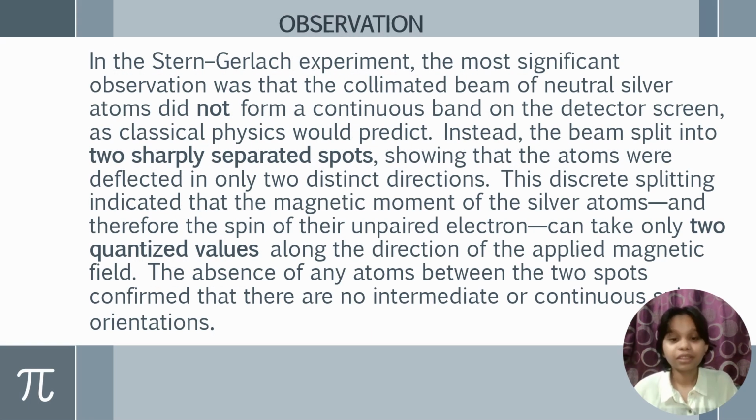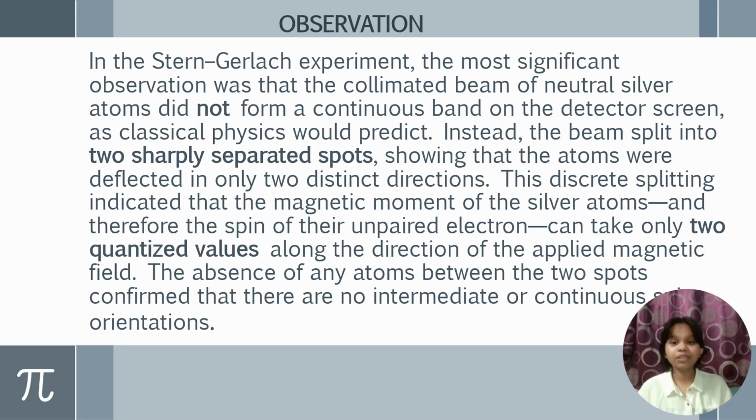Now we will discuss the final observation from this experiment and understand what inference or conclusion can be drawn from it. In this Stern-Gerlach experiment, the most significant observation was that the collimated beam of neutral silver atoms did not form a continuous band as expected by classical physics rules.